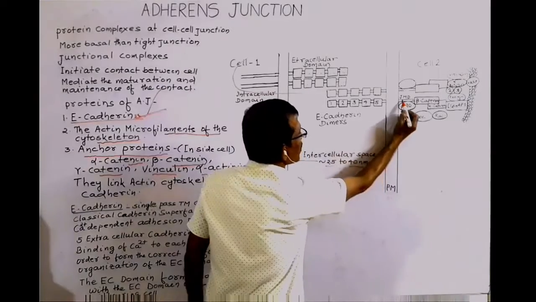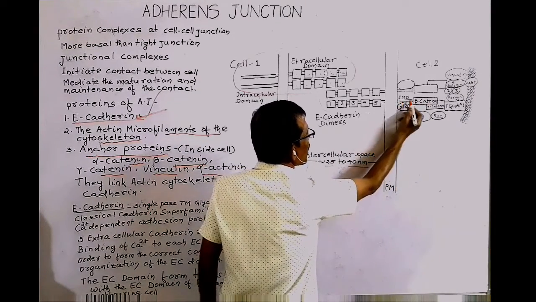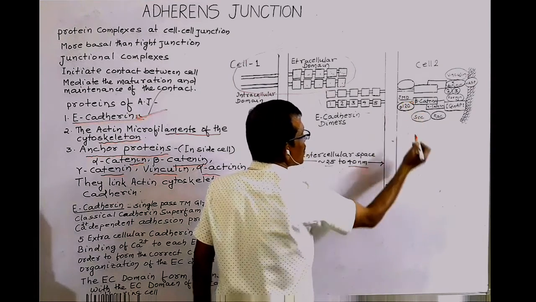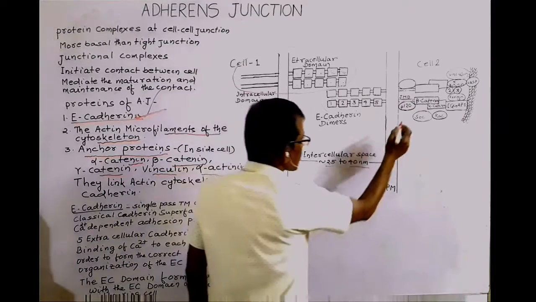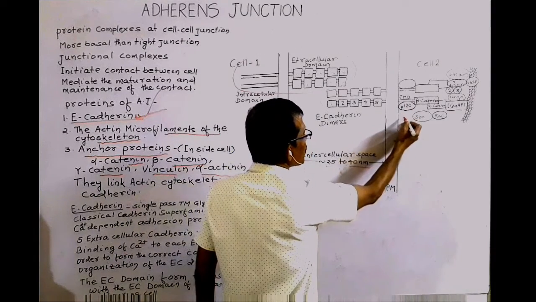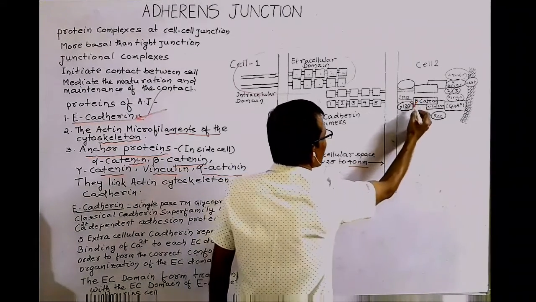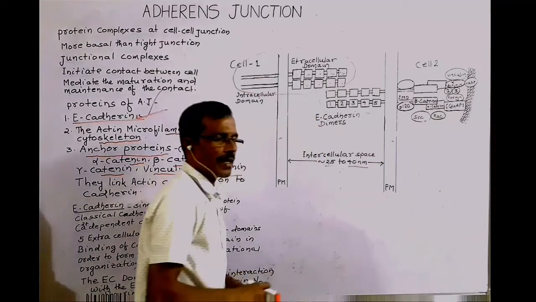Within the intracellular domain of E-cadherin, there is a juxtamembrane domain. This is the juxtamembrane domain which is 94 amino acids long. The juxtamembrane domain binds with P120 catenin and the carboxyl terminus domain binds with beta catenin.